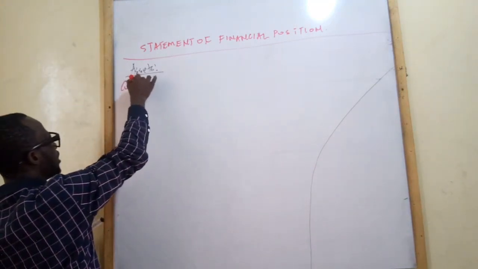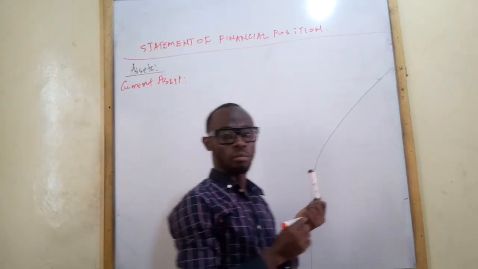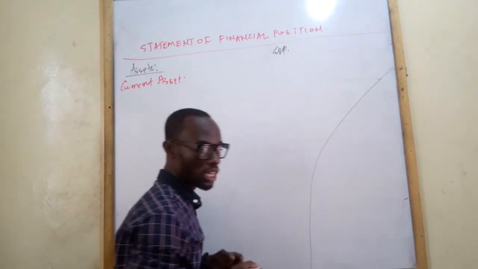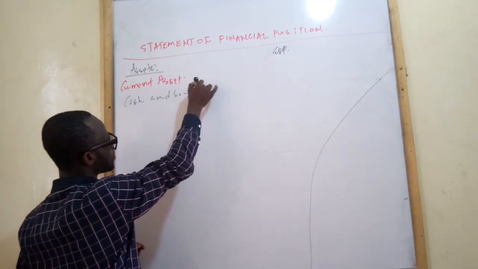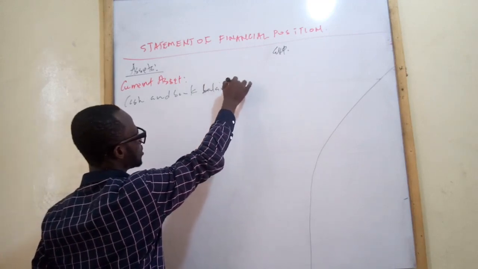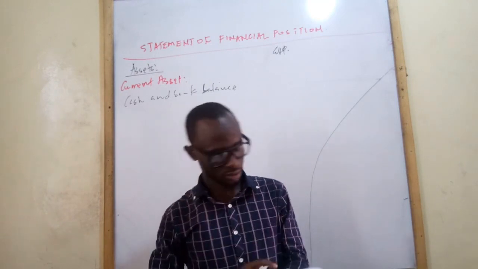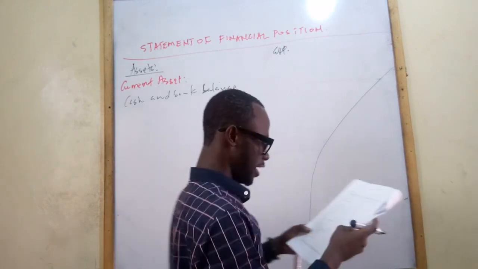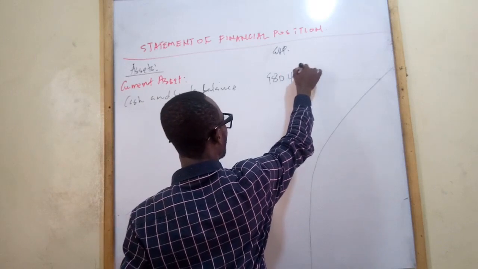Let's first bring our current assets. So if you look at your formats, our current assets will include cash and bank balances. It's a current asset. And from our question, cash and bank balances was 980,449.